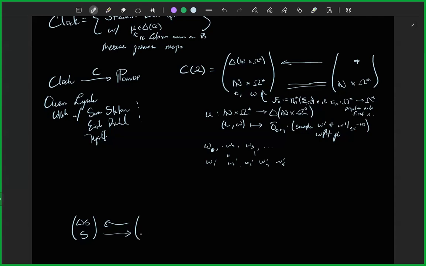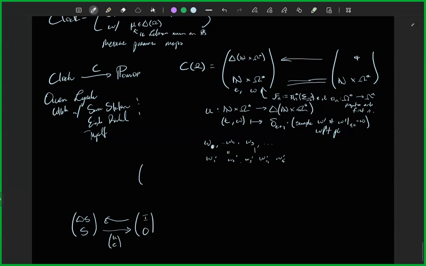Okay, suppose we have a generic one of these, and we have n times omega star, n times delta, delta times omega star. So we have a bunch of maps like this. First, let's write what these are.